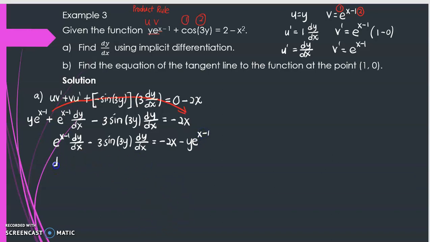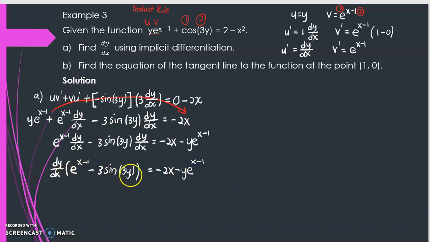So finally, factorize the dy/dx. Here we have e to the power of x minus 1 minus 3 sin 3y, is equal to negative 2x minus y e to the power of x minus 1.